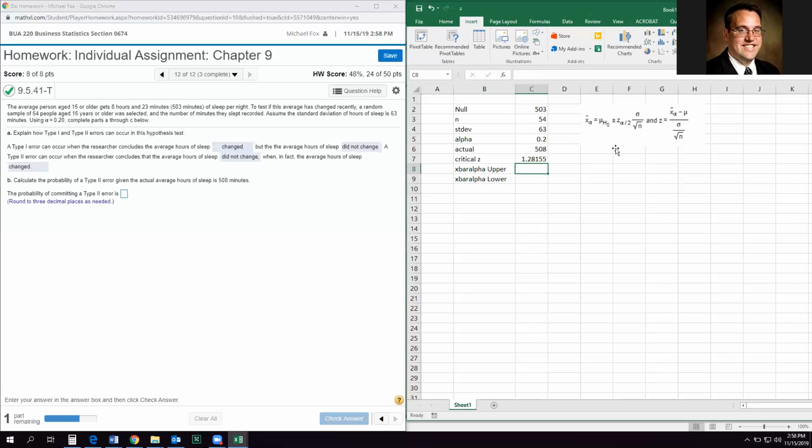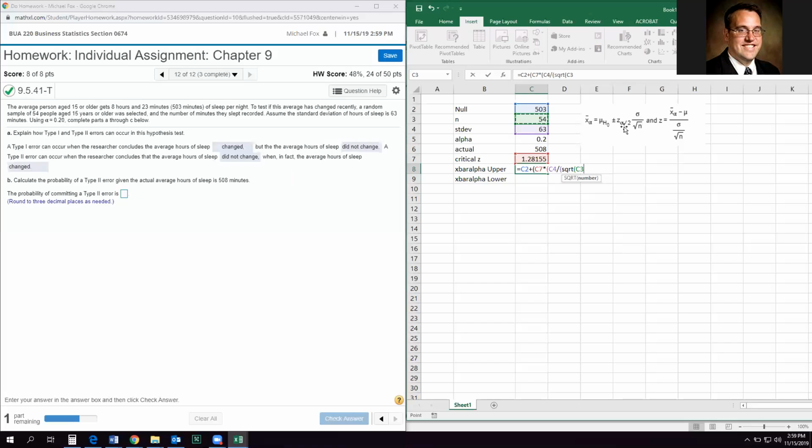So to find the upper, this is going to equal our null plus our critical Z times our standard deviation divided by the square root of n.